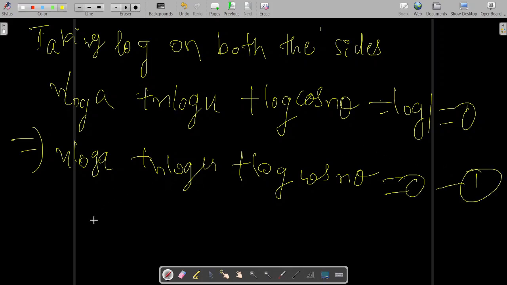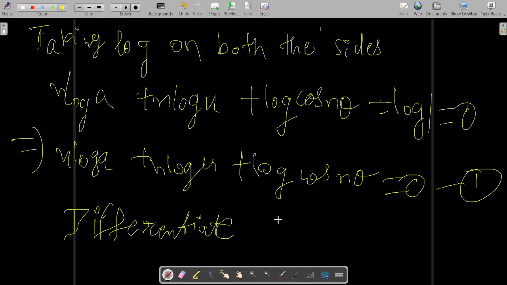Differentiate equation 1 with respect to theta.